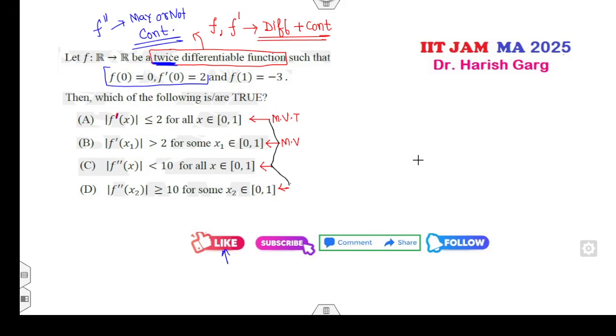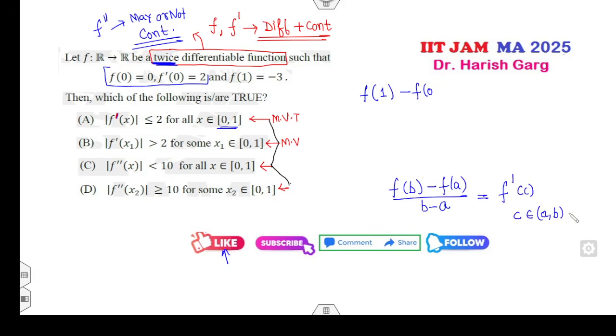Once you know it is MVT, f dash at the c, what is MVT? f of 1 minus f of 0 over 1 minus 0, the MVT is this only, isn't it? f of b minus f of a over b minus a. It must be f dash of c where c lies in the open interval of a comma b. Now the interval is 0, 1. So b minus a is 1. What is the value? f of 1 minus f of 0 is minus 3.